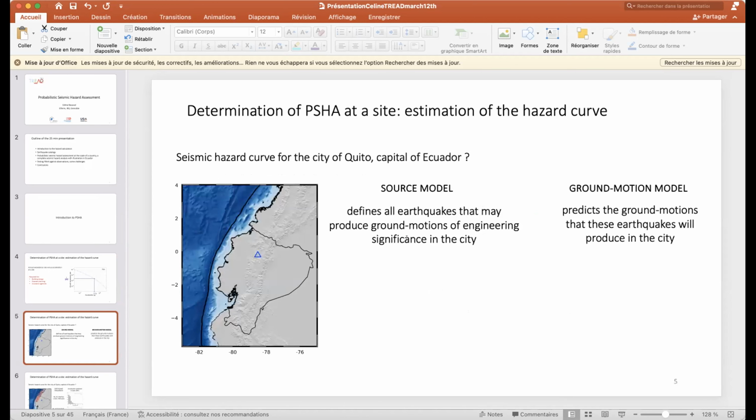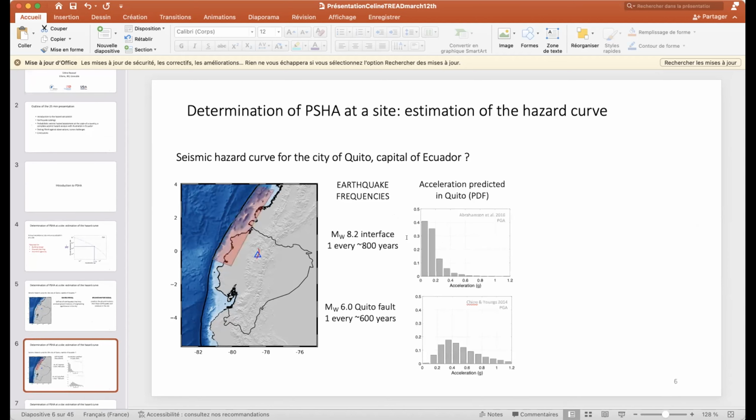So if you want to estimate PSHA for a site, let's say, for example, for the city of Quito in Ecuador, you need a source model that defines all earthquakes able to produce ground motions of engineering significance in the city. And you also need a ground motion model that predicts the ground motions that these earthquakes will produce in Quito.